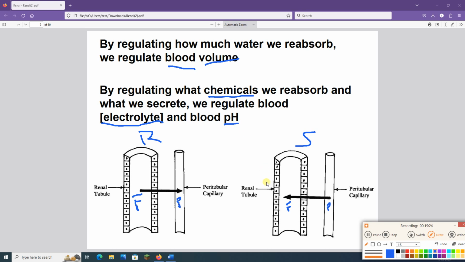If blood pH was too low, I would want to secrete hydrogen. If blood pH was too high, I'd want to reabsorb hydrogen.